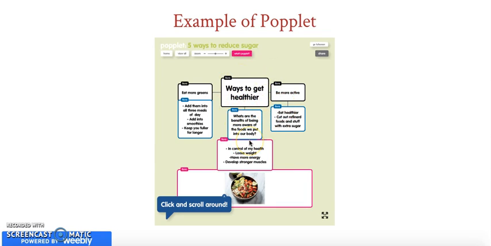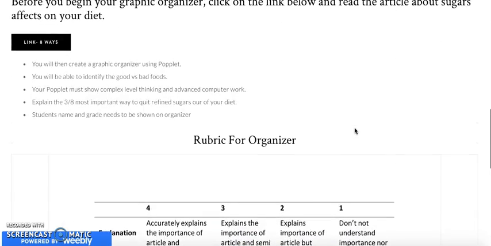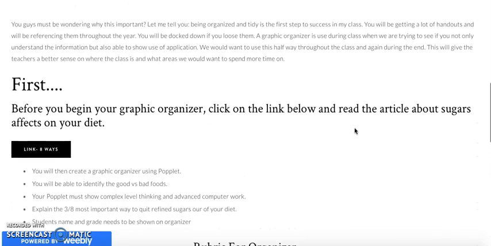The reason why I've picked this is because I think that when it comes to you guys creating something and creating a website or a roadmap like this, it allows me as the teacher to see if you actually understand the information and if you can explain what you've learned, or if you don't and you maybe need more help. So this is going to be a great tool that we're going to be using more throughout the semester.